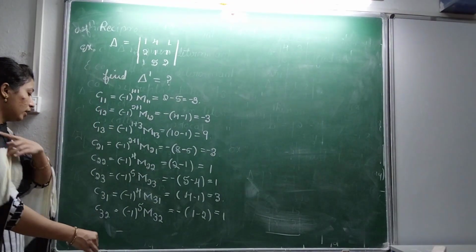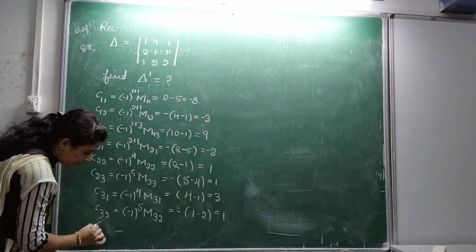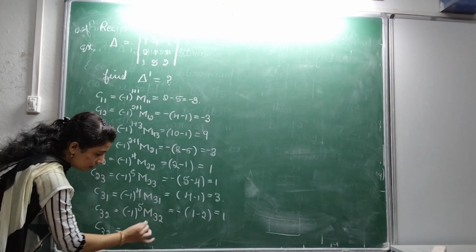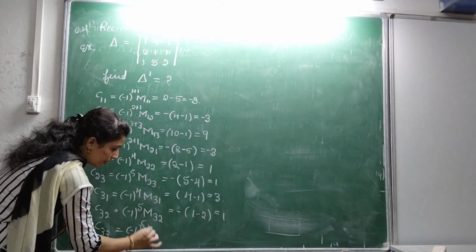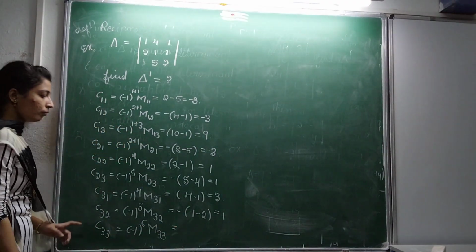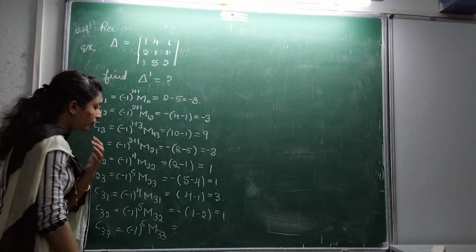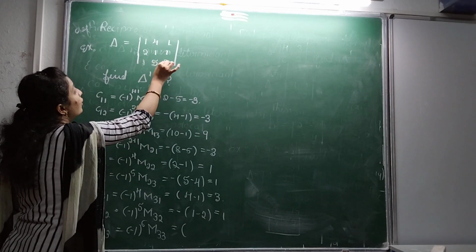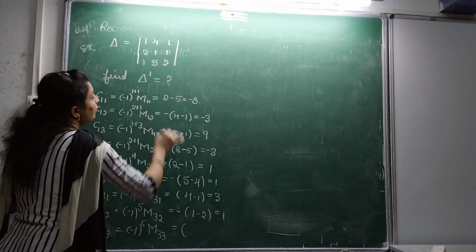Next is C33, which is equal to minus 1 to the power 3 plus 3, 6, M33. Minus 1 to the power 6 means it is plus, and M33, leaving the third row, third column, so 1 minus 8, it is minus 7.